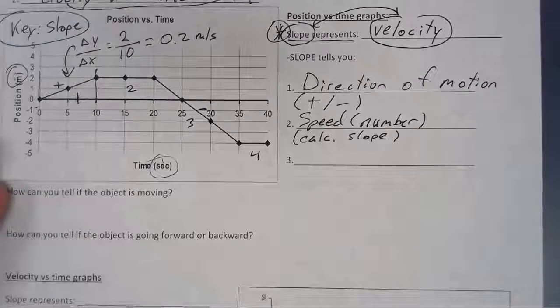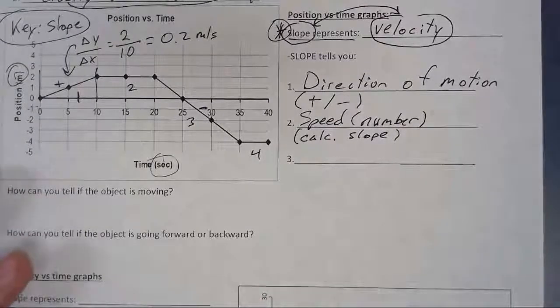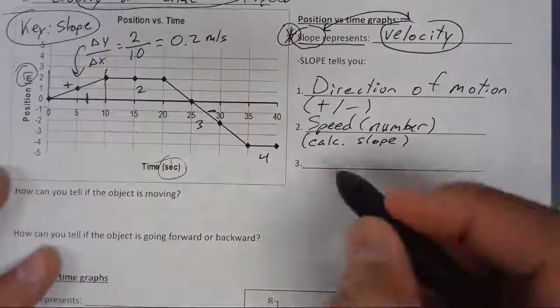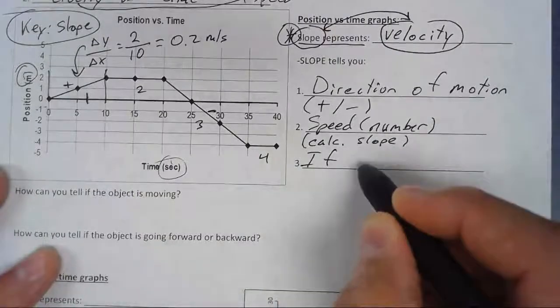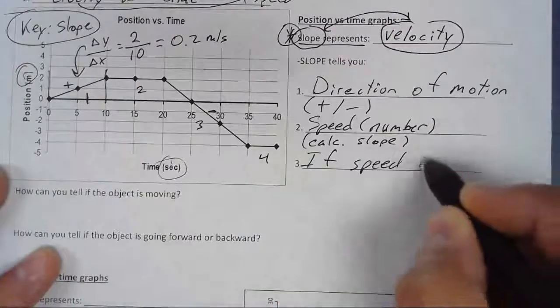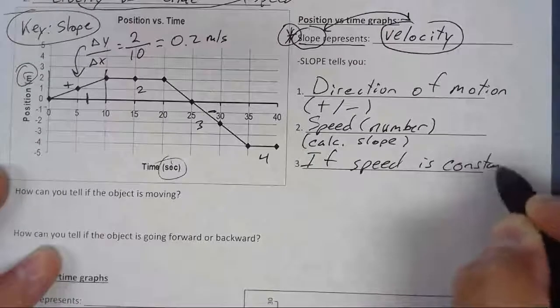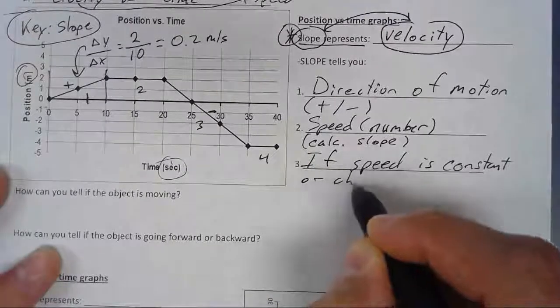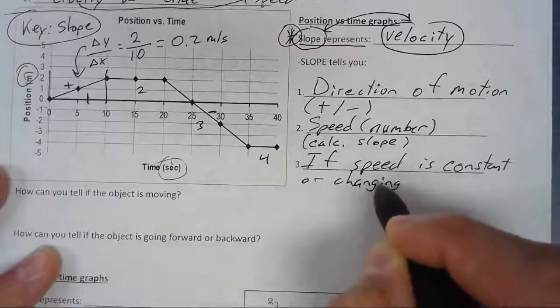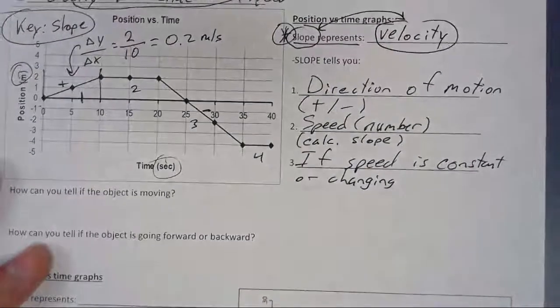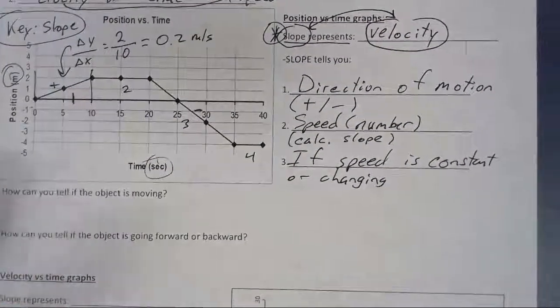The third thing we can tell about this line, about the motion of this object, is we can tell if the speed is constant or changing. Now again, we're going to determine this based on the slope. Whatever's true about the slope is also true of the speed or velocity.